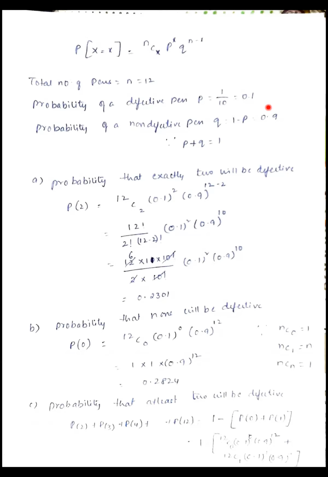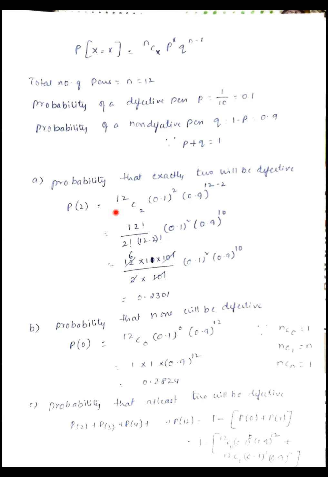We'll calculate the probabilities one by one. The probability that exactly 2 will be defective means x = 2. So P(X = 2) = nCx, where n is 12 and x is 2, times p, the probability of success, 0.1 squared, times q, 0.9 to the power of 12 minus 2, that is 10.